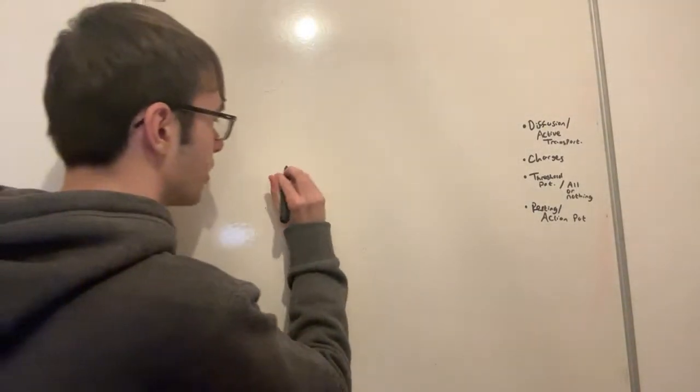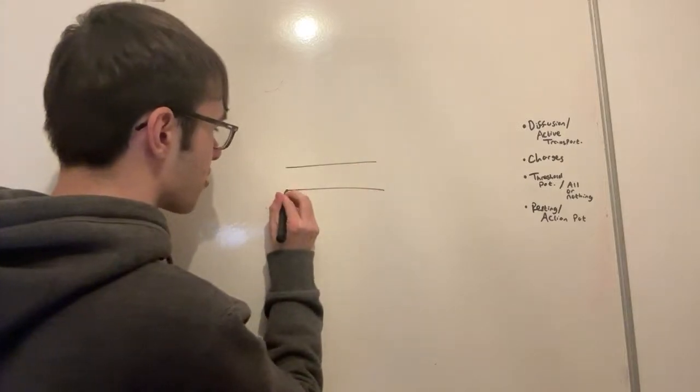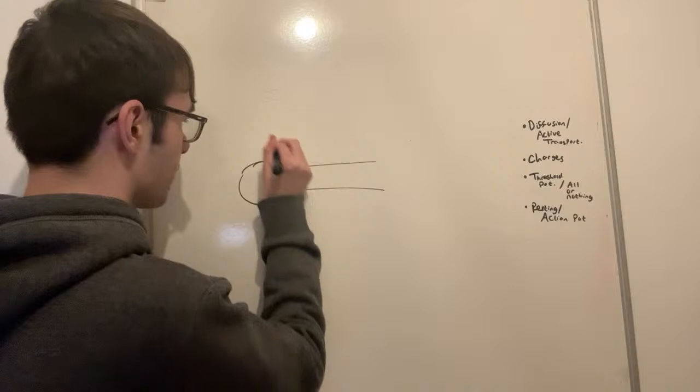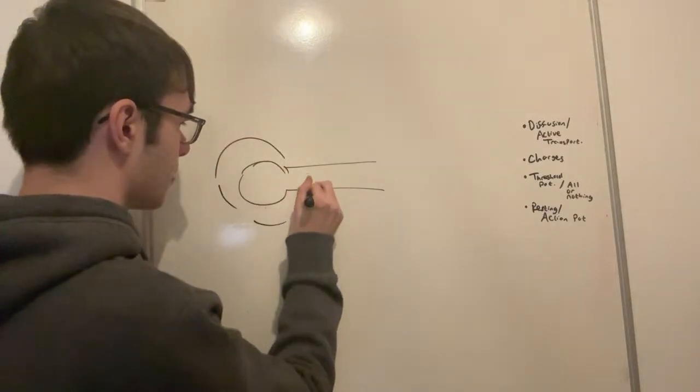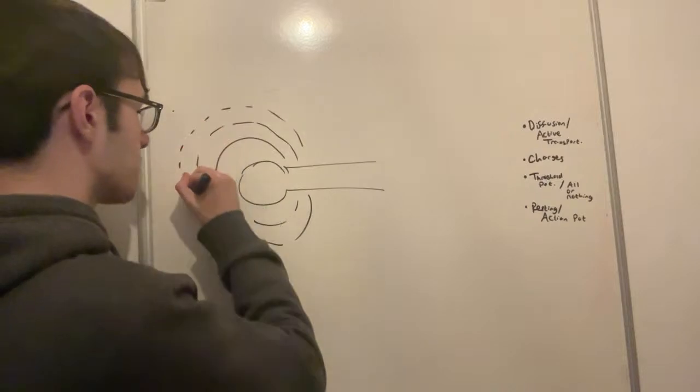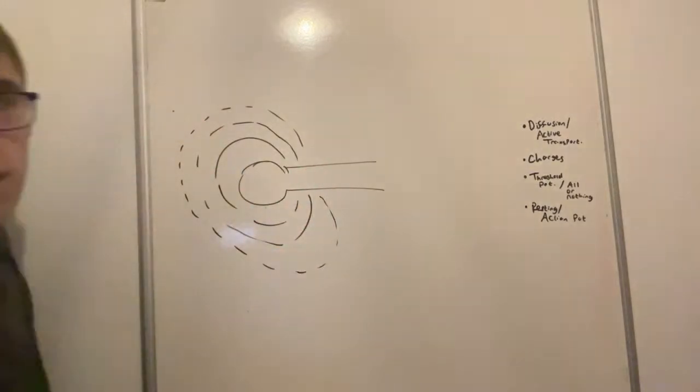Next is the Pacinian corpuscle. So the way you would draw this is it would be like a sensory neuron, but then it would be surrounded by these extra layers of membrane. Like so.